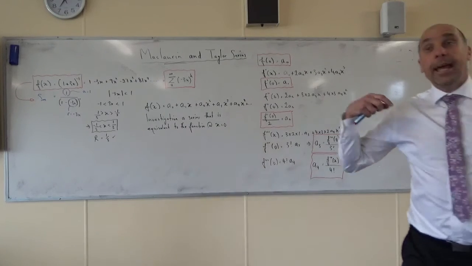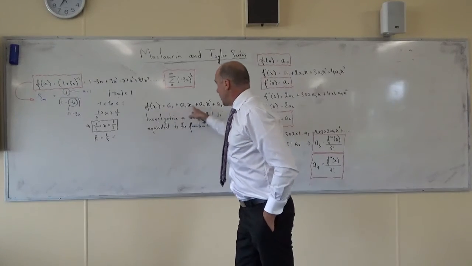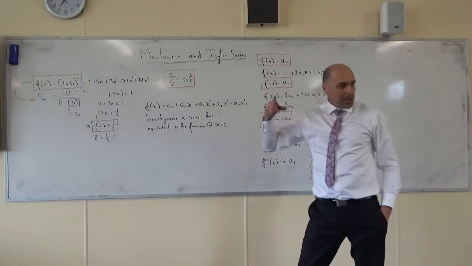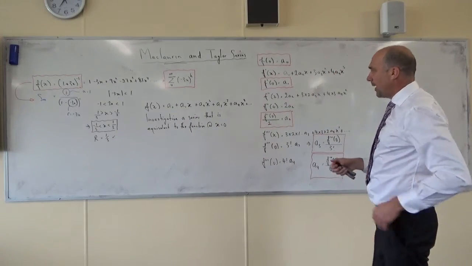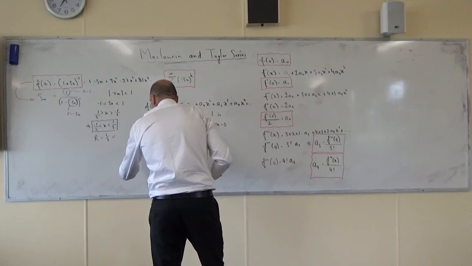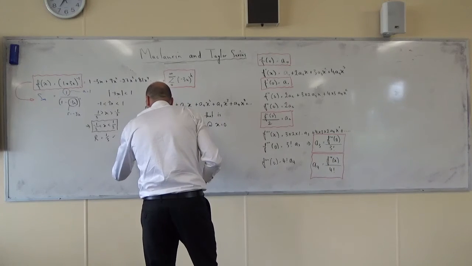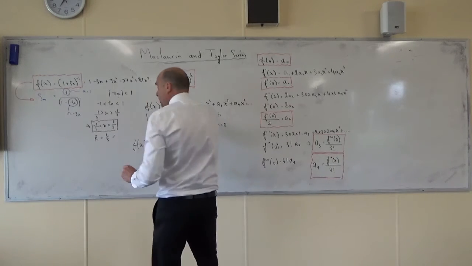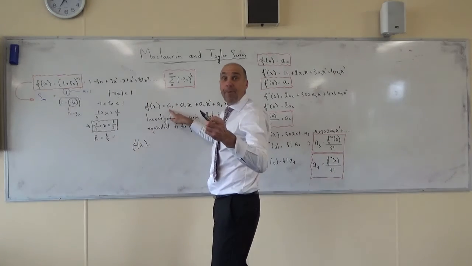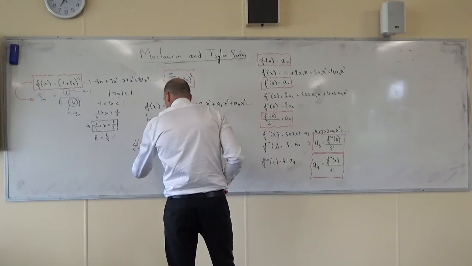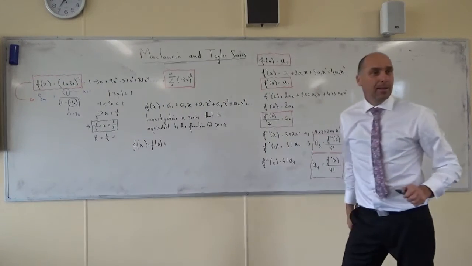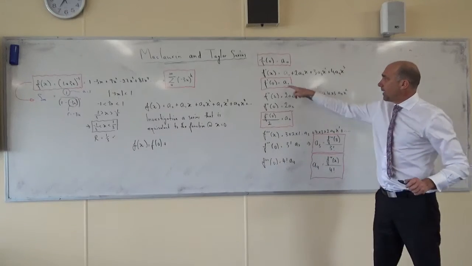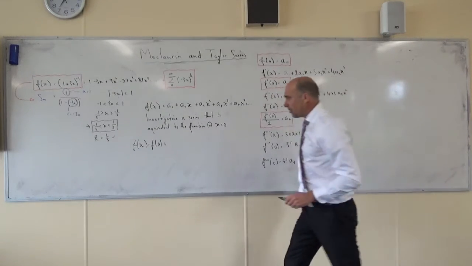So, I can now write this function as a series. And I might do it over here. Here we go. So f of x is equal to, what's a0? a0 is f of 0. Good. What's a1? a1 is f dash 0.